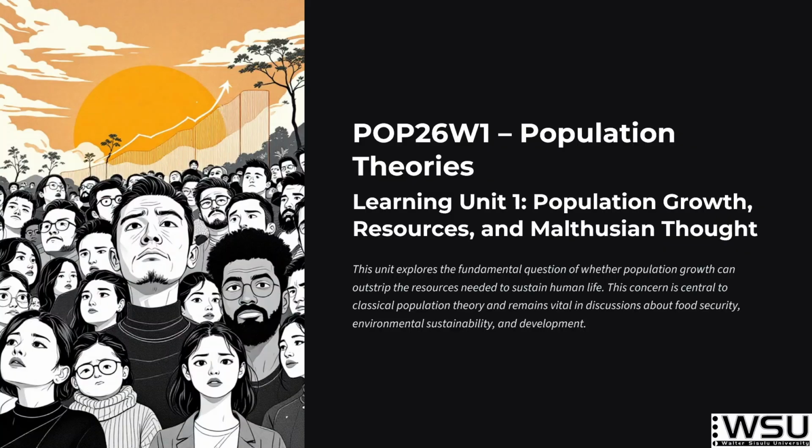So basically this unit explores the fundamental questions of whether population growth can outstrip the resources needed to sustain human life. This concern is quite central to classical population theory and remains very important in discussing the issue of food security, environmental sustainability, and development.